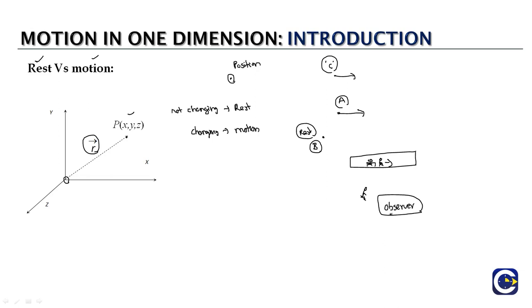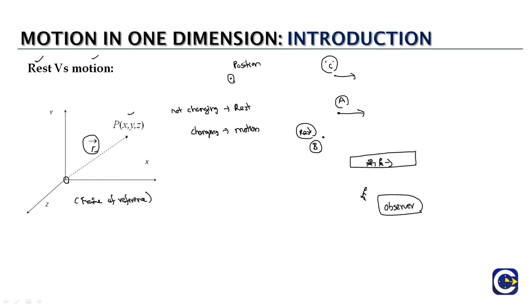But here, whenever we talk generally about motion or rest, we are understanding that the observer is not moving. So we always talk about rest and motion with respect to an observer, or rather, we call it the frame of reference. The frame of reference that we are considering is supposed to be at rest.